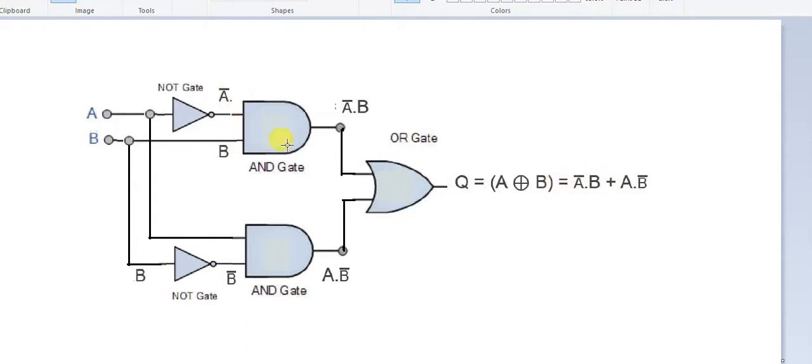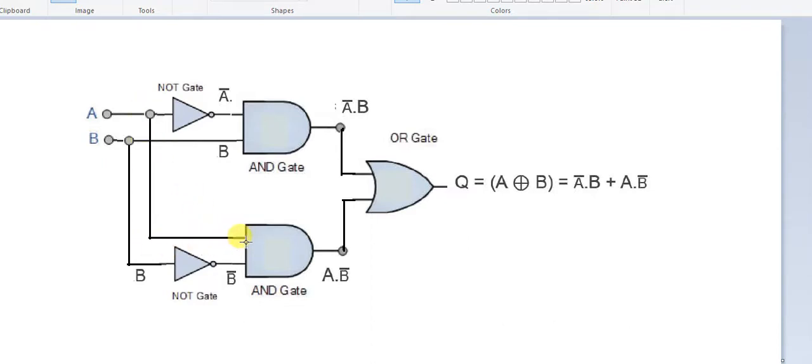So we have connected an AND gate which gives a single output, which is A complement dot B. Similarly, the other gate is A dot B complement. In this case, we give A directly from here to the input. A is being fed over here.